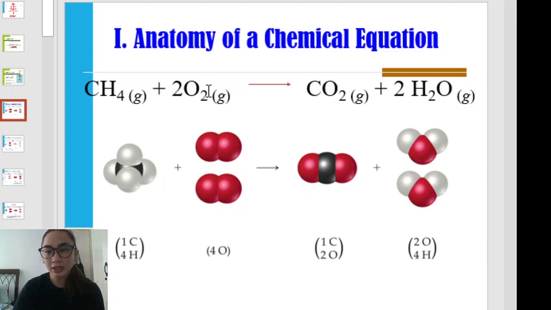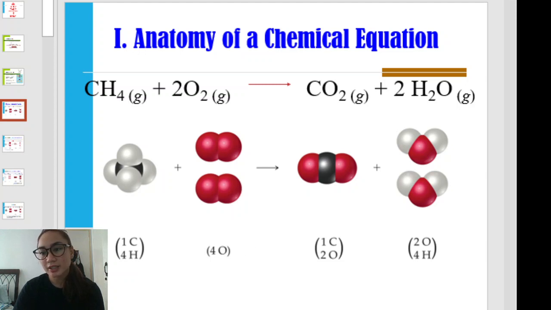Here, we have 2 oxygen molecules. So two molecules, and each is composed of 2 atoms. Therefore, the total composition is 4 oxygen. So if you see, we have 1, 2, 3, 4 atoms of oxygen.